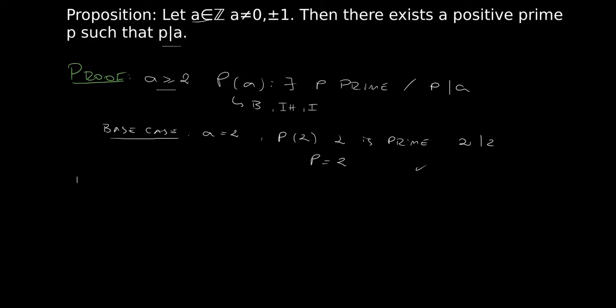Now our inductive hypothesis says that for every d that's between 1 and a, there exists a number p prime such that p divides d. And now it's time for us to do the inductive step.